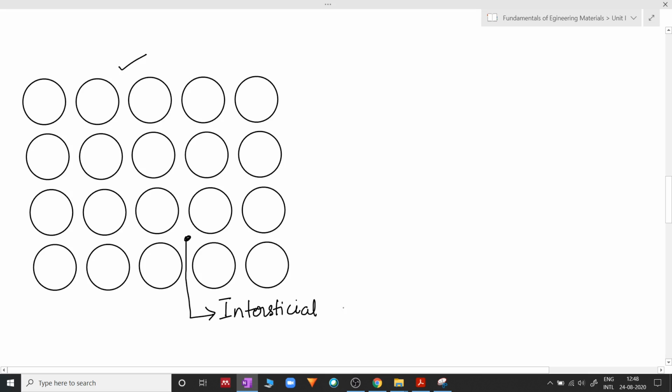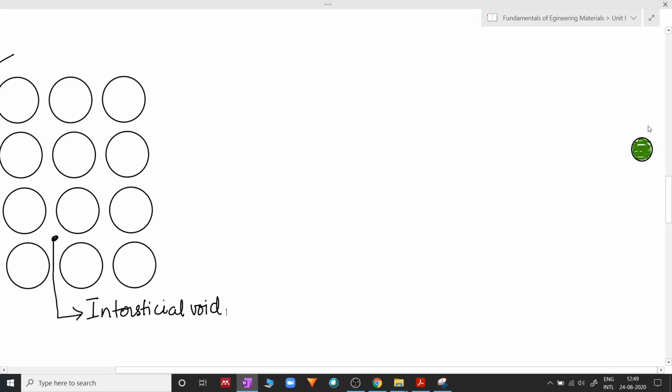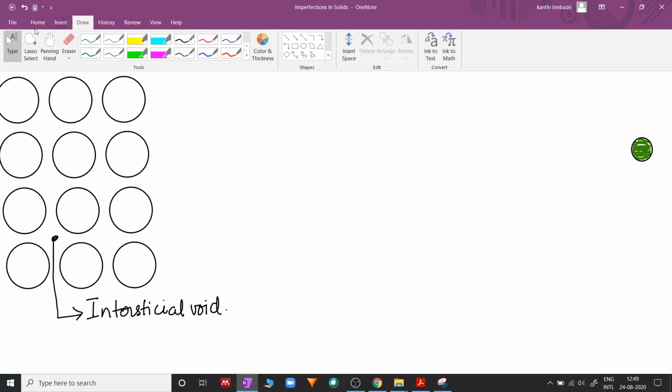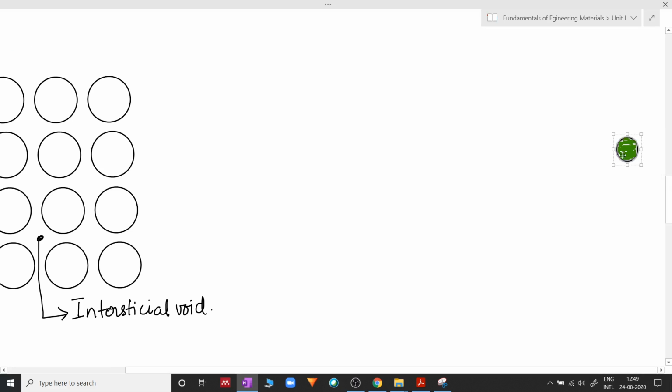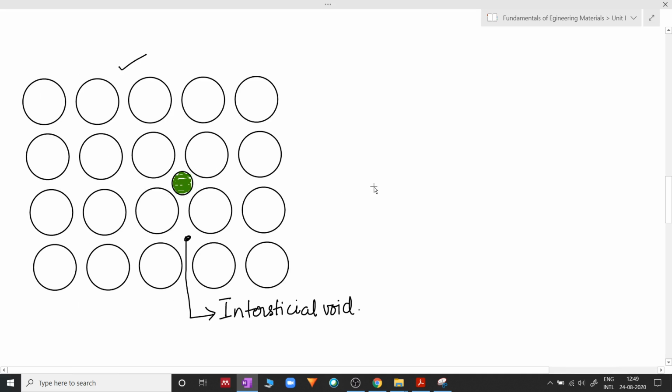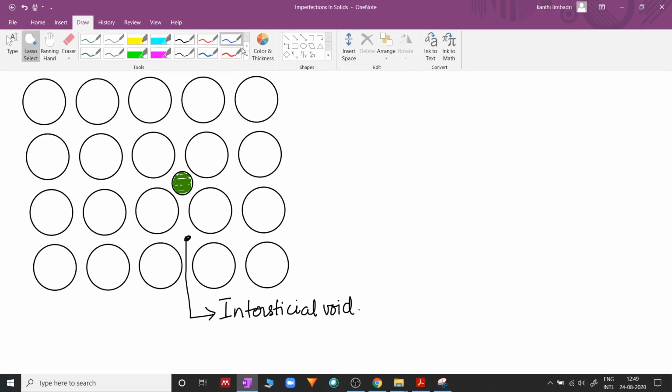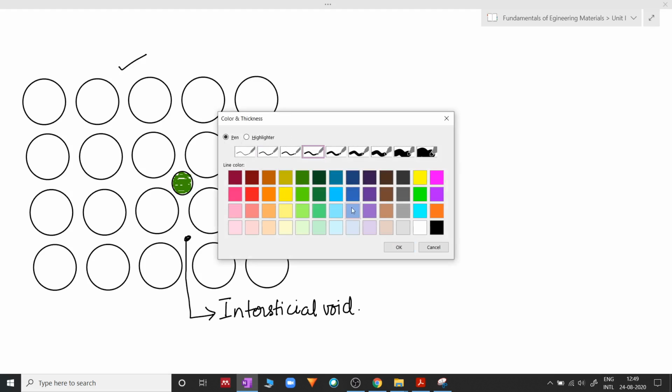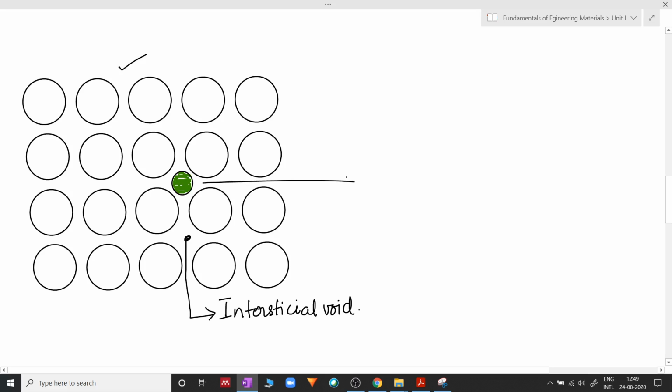Now, if any foreign atom enters into this interstitial void, like this, suppose some foreign atom is here, then this kind of defect we call an interstitial defect in the solid.